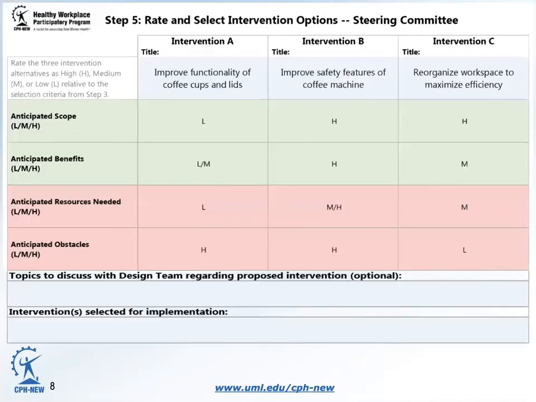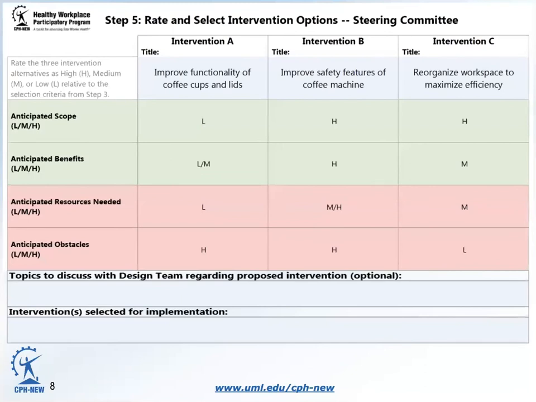Now that you have a general sense of the rating criteria, let's review how the rating process works. This slide shows an example of a rating sheet for a fictitious case example of interventions aimed at reducing burns from coffee spills in a coffee shop. We see interventions A, B, and C at the top of the screen, and the 4 selection criteria listed in the left column. In this example, a rating scale of high, medium, or low is used for each selection criteria.